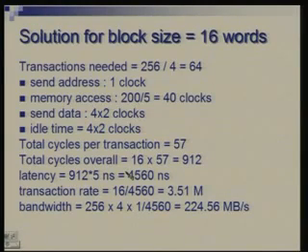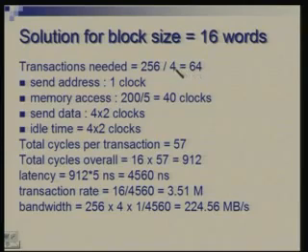The same exercise we can do with 16-word blocks. The number of transactions reduces. I am sorry, this is a mistake. This should be 16, this should be 16, this should also be 16, and this remains the same, this remains the same. Here we have to do it 4 times, because we are talking of 16 words.